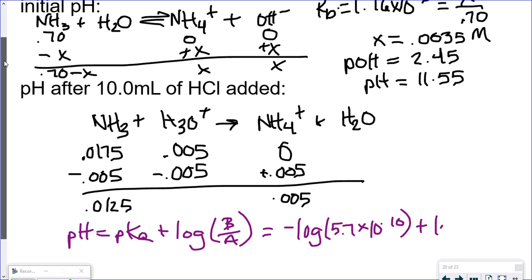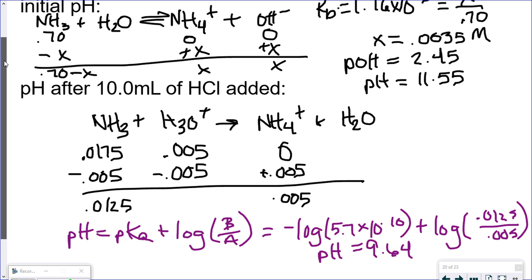So our base is the ammonia, the 0.0125, over our acid, the 0.005, and our pH is going to be equal to 9.64.